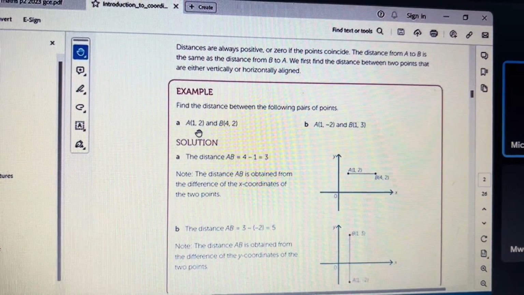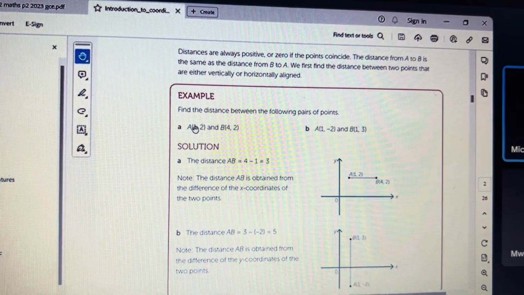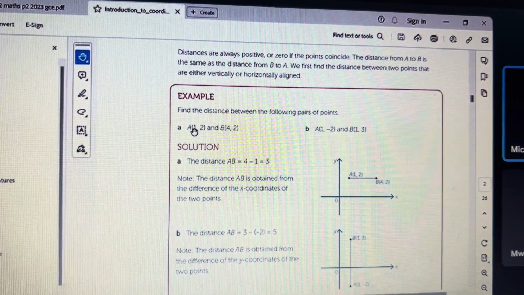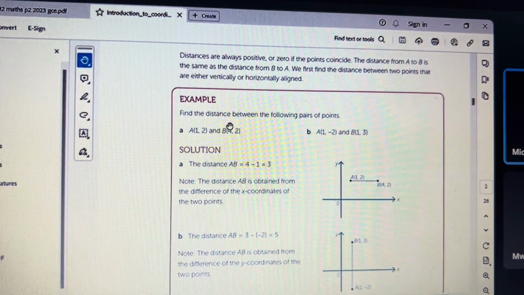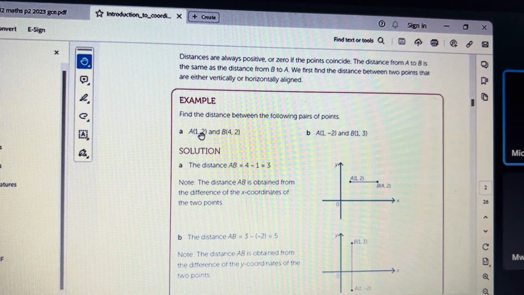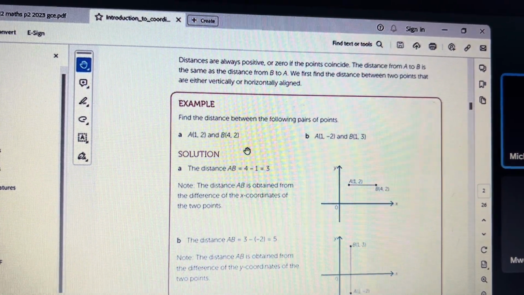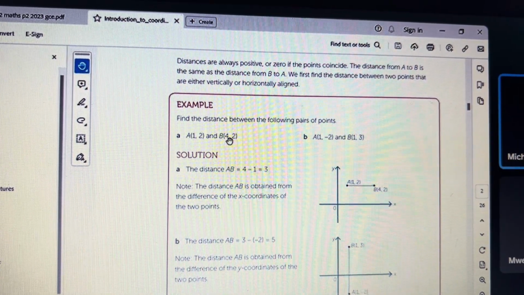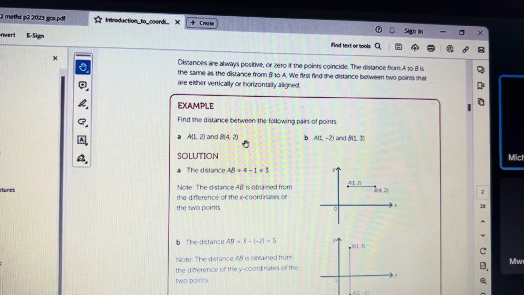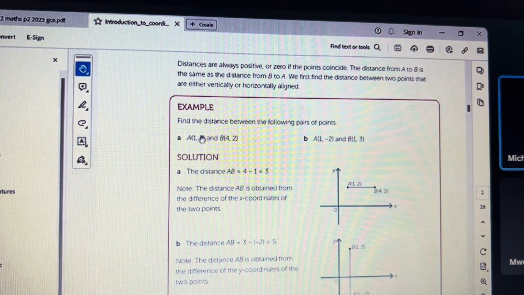So if you can see here, from just looking at the coordinates that are given, you'll notice that what's different is the number that represents a position on the x-axis. There's 1 there, and then there's 4 there. But for the y-axis, there's 2 and there's 2. This means these 2 points are in the same line, meaning they have the same y value.